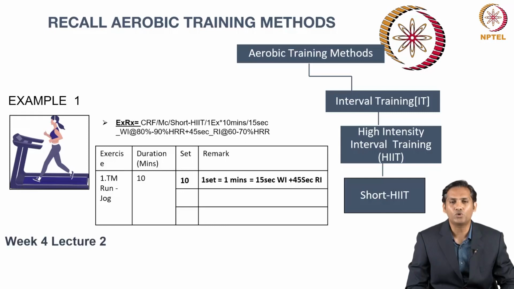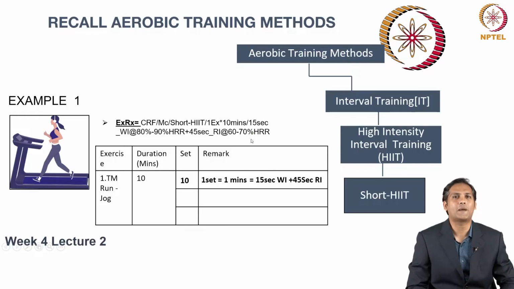So for you to perform Short-HIIT, you should be aware of your current aerobic capacity level. You should be aware of your current resting heart rate so that you can calculate 80% and 90% of HRR and try to maintain the speed for 15 seconds in this case.